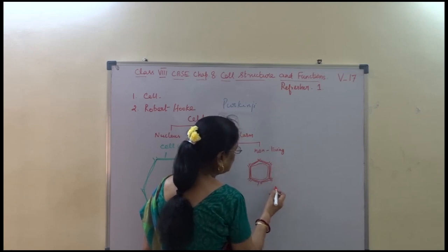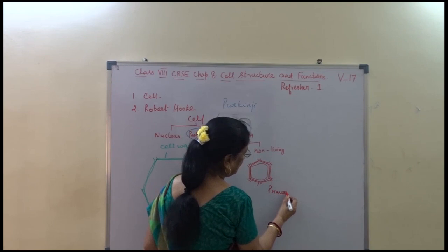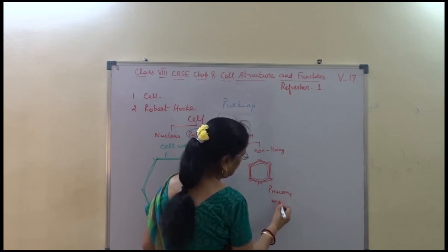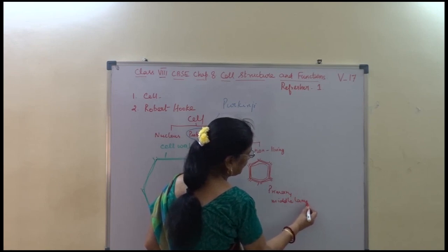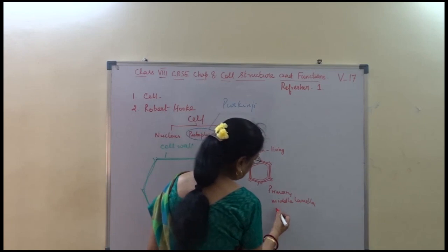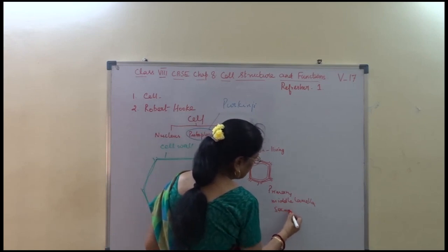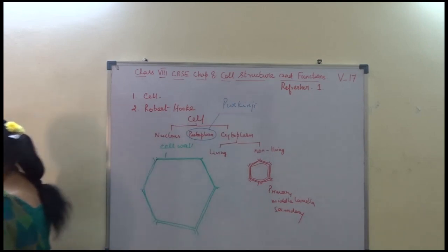So the outer thick one is the primary, and the center one is called the middle lamella. Inner to that is the secondary cell wall. I hope you follow this.